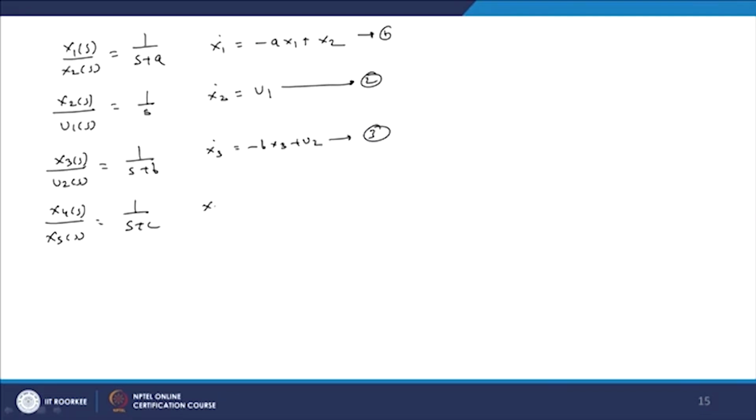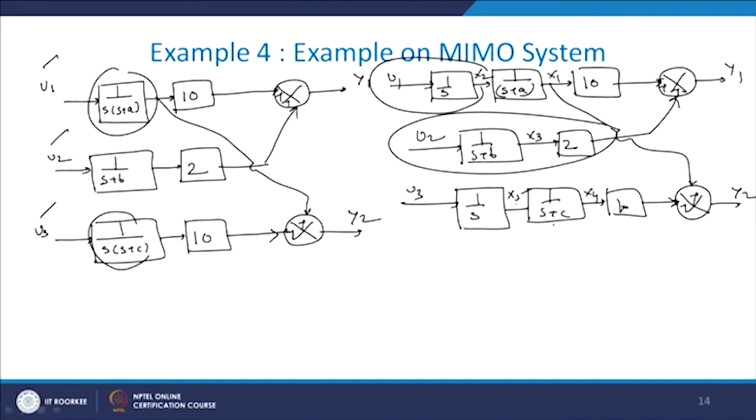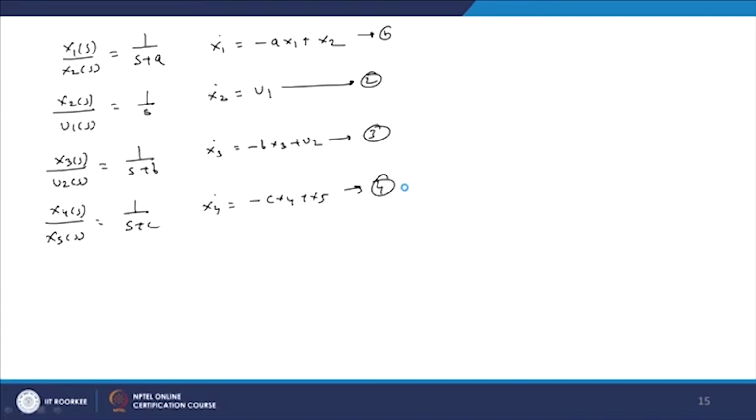We will get x4 dot equal to minus c x4 plus x5, this is equation number 4, and lastly x5 of s by u3 of s is equal to 1 by s. After solving we will get x5 dot equal to u3, this is equation number 5.